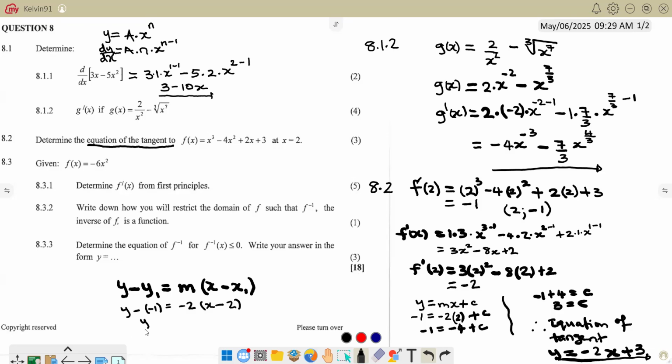Simplifying, we are left with y plus 1 is equal to minus 2x plus 4. So y is equal to minus 2x plus 4 minus 1 after taking this 1 to the other side. Therefore, y is equal to minus 2x plus 3.